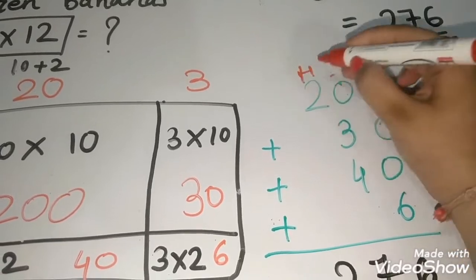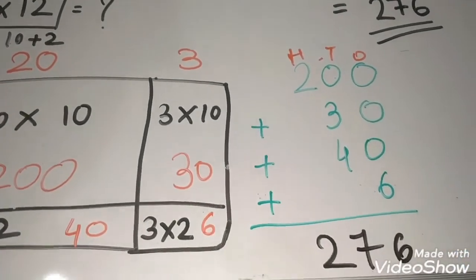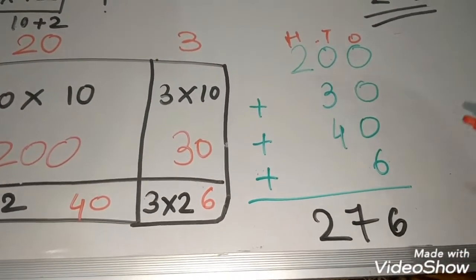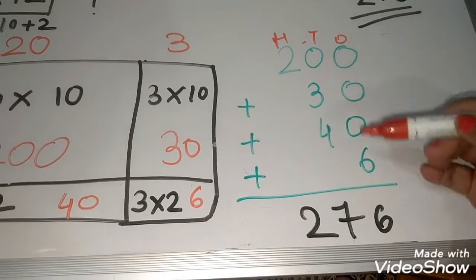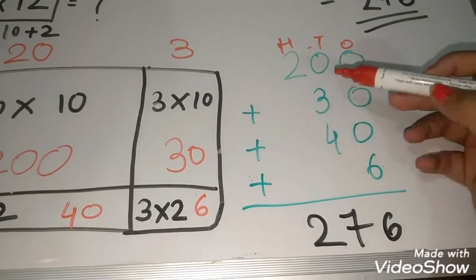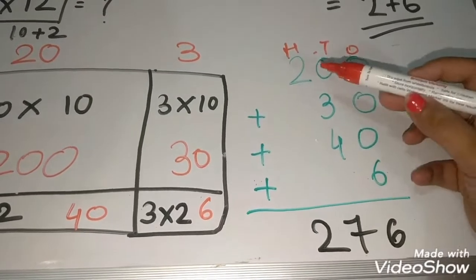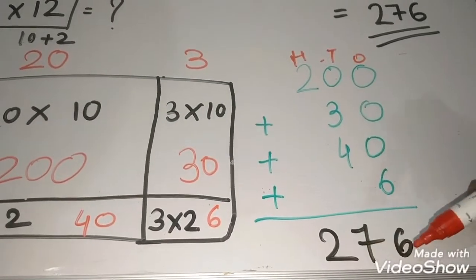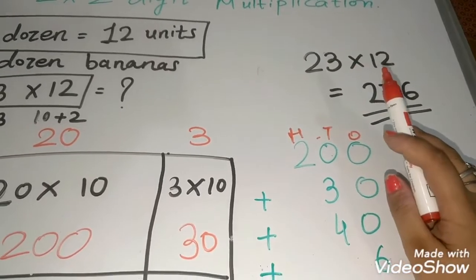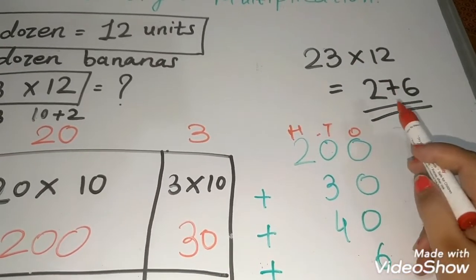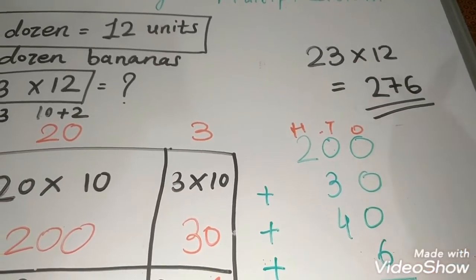We have done it in the second standard. We have to start adding the numbers at ones place. So here I have added 6, 4 plus 3, 7 and 2. 276 bananas. So we can say that 23 dozen bananas is equal to 276 bananas in total.